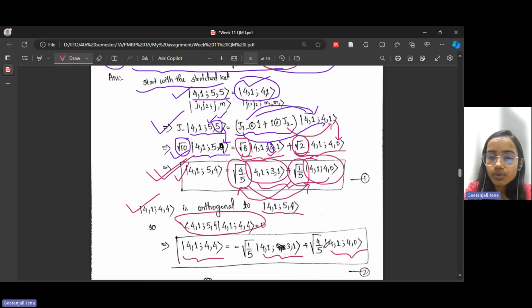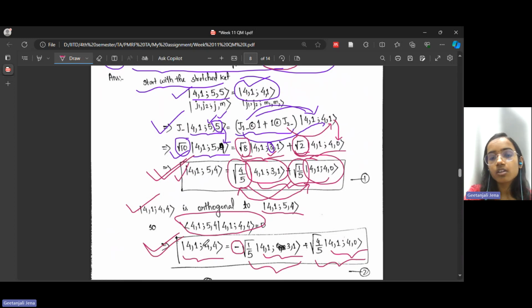I have taken root over of 4 by 5 and multiplied with 4140, and I have taken root over of 1 by 5 and multiplied with 4131. So to make it 0, we have to take a minus factor so that the summation will be 0. Okay, so this is how you can find out the expression for 4144.